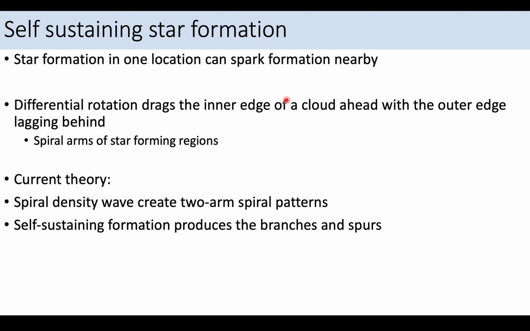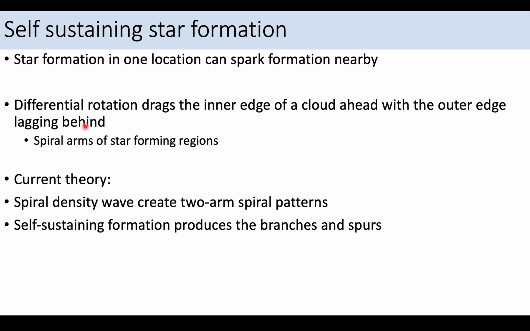But we have differential rotation that's going to drag the inner edge of a cloud ahead of the outer edge of a cloud. So the inner part closer to the center of the galaxy is going to be dragged ahead because it's going to be moving faster, whereas the outer part, more towards the outside of the galaxy, is going to lag behind.